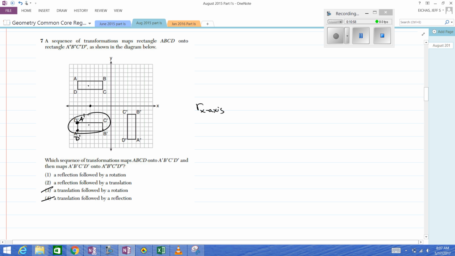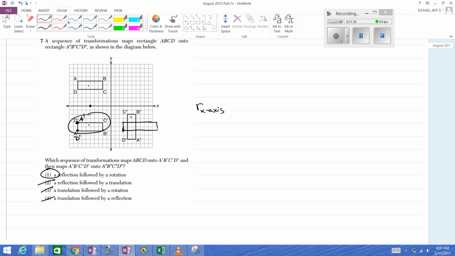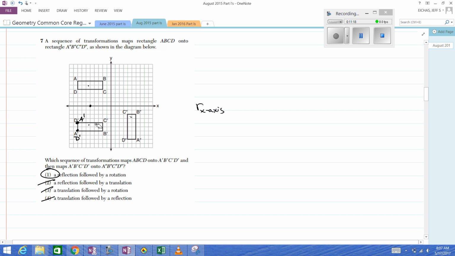Now from here, if we translated any amount, obviously we would keep this same sort of shape. Well, it got turned. There's no way a translation can produce this. So get rid of that. We've got a rotation, and that rotation looks like it is centered at this point here.